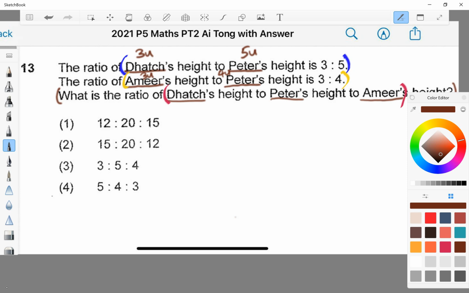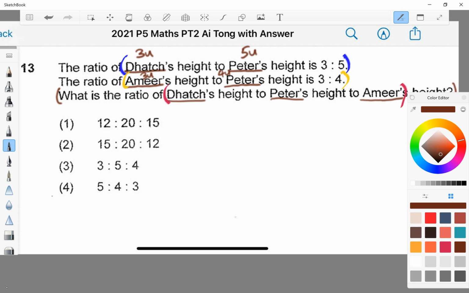They want the answer to be Dutch, Peter to Amir. I've always been telling my students for the past 16 years that for this question type, as we are reading Dutch to Peter, or D to P, then we encounter Amir to Peter. So we say that Peter is our repeated identity, our repeated item.